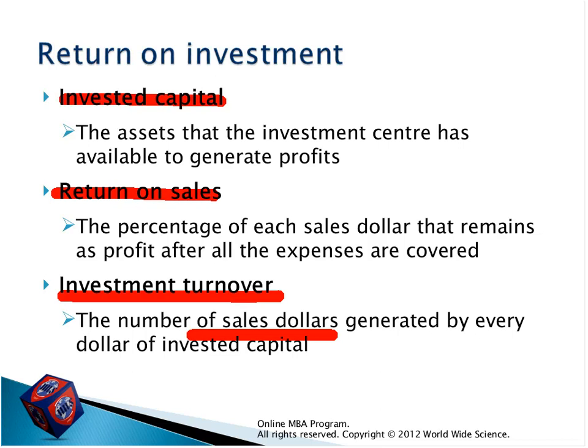Or return on sales: the profit after deduction of expenses divided by sales gives you the return on sales. The explanations of each term explain how to use the formula.